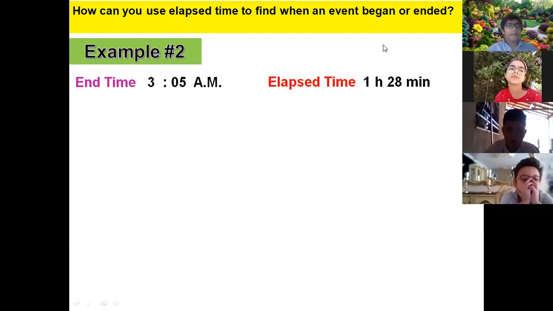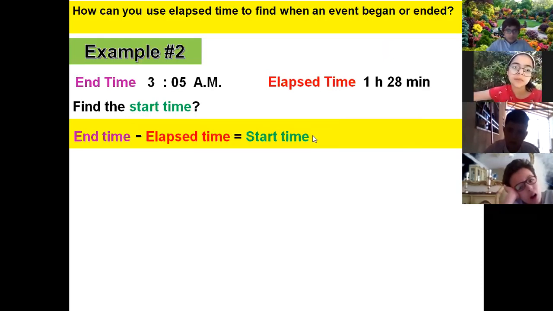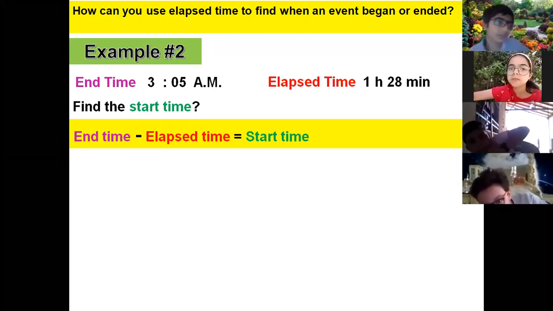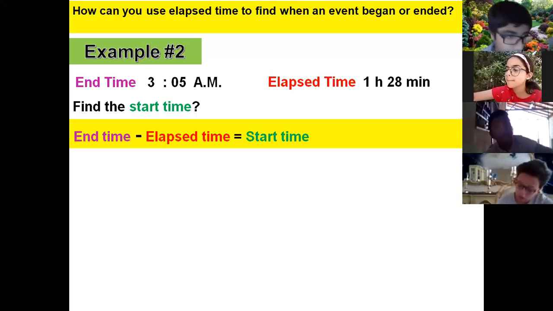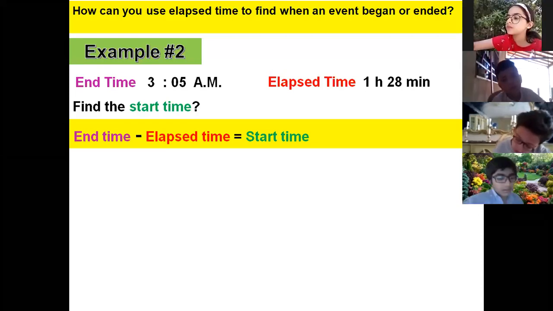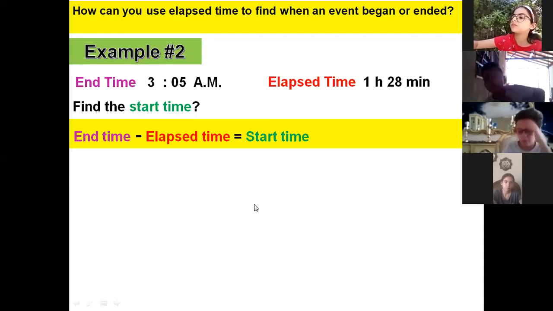And they tell you that the elapsed time of the thing that you did is 1 hour 28 minutes. When did you start? What is the starting time? In this case, you also subtract. So the only way that you add is when you want to find the ending time. But if you want to find the starting time, or the elapsed time, you subtract. Okay? So here we are going to subtract the elapsed time from the ending time.